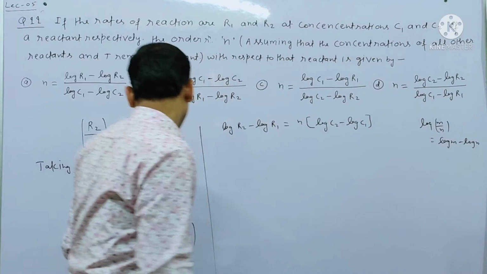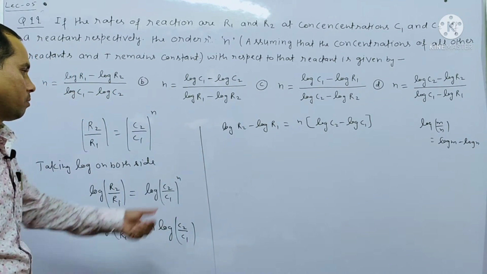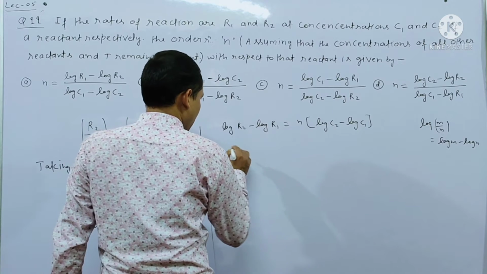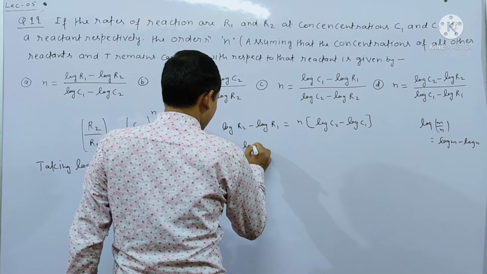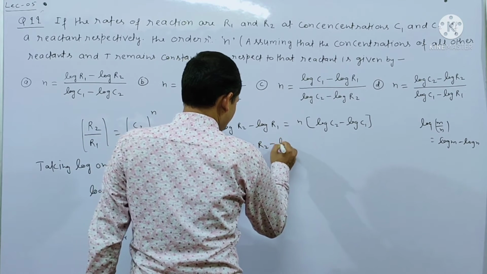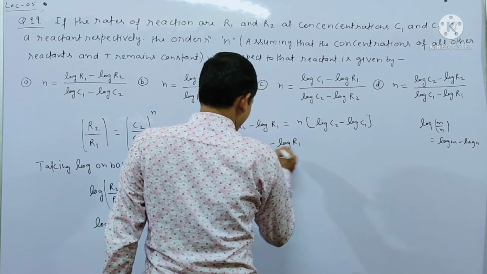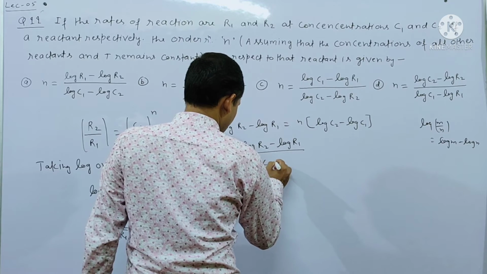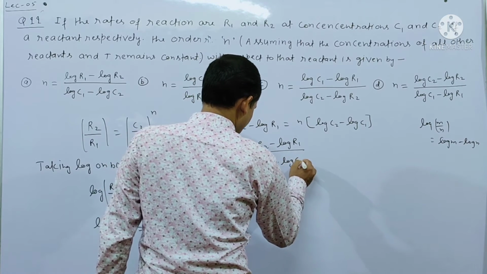So according to this formula we can write here. So now n equal to, what is n? n equal to log R2 minus log R1 upon log C2 minus log C1.